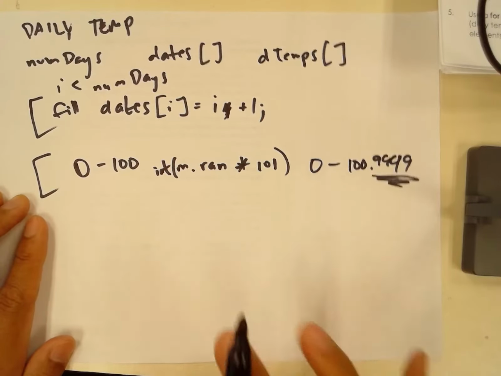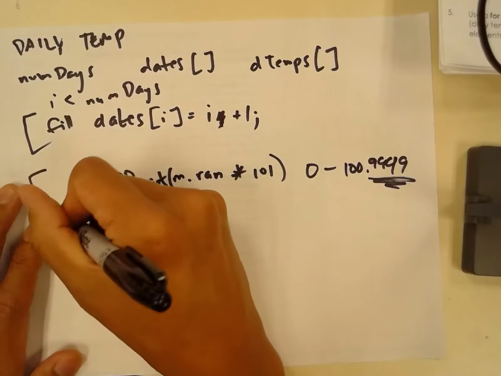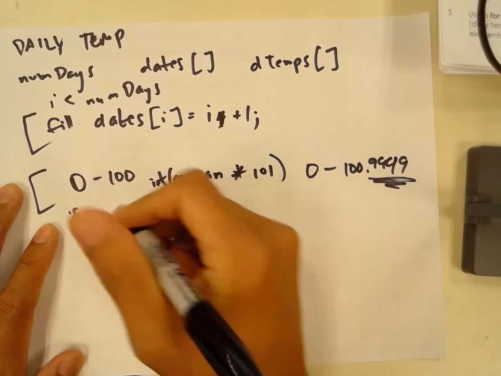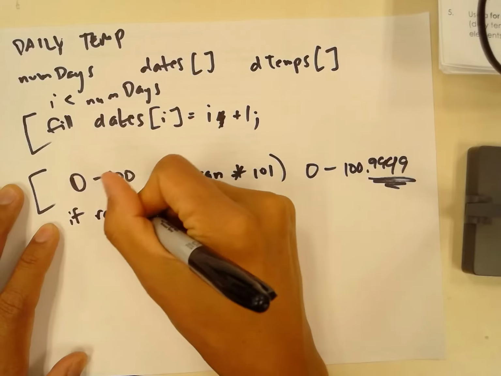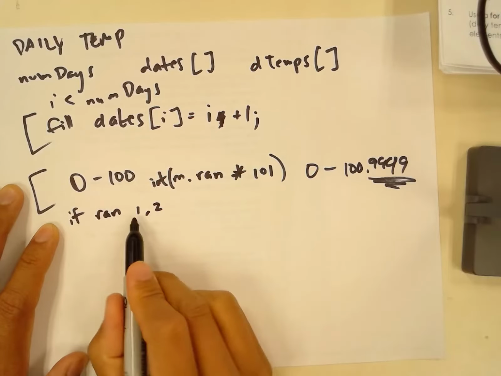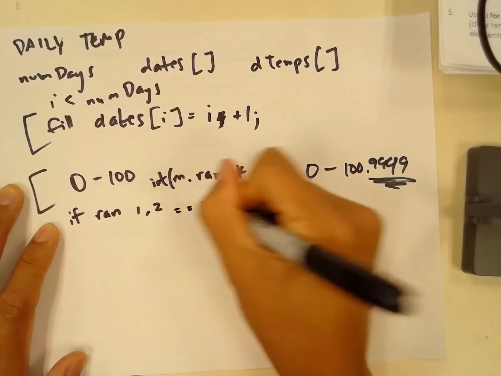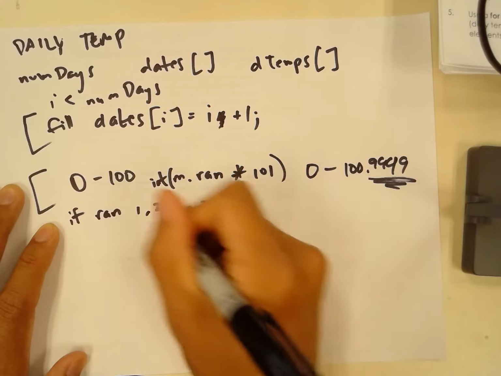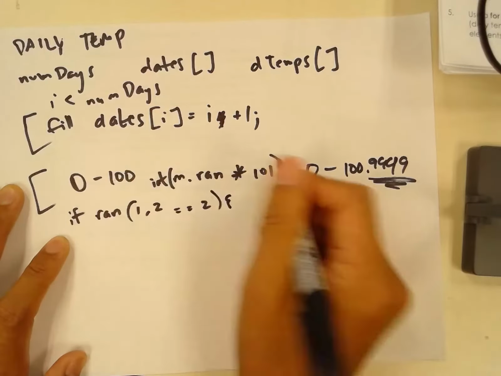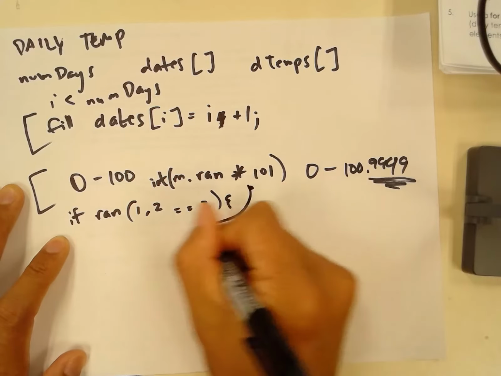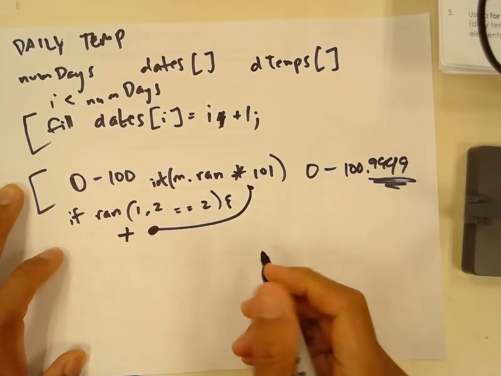Now the trick is, how do you get negative numbers, right? Well, for this you would need to use an if statement. So it'd be like if some random number from 1 to 2 is equal to 2, that's going to happen half of the time, then you make this expression positive, right?